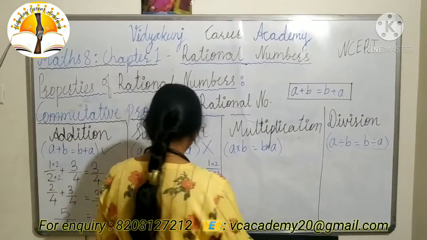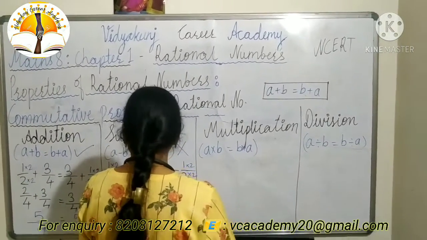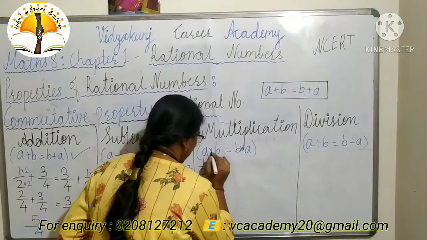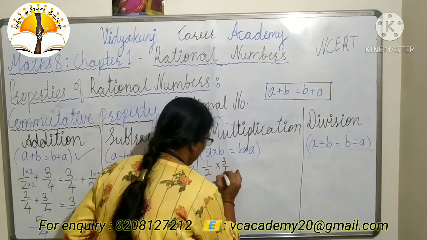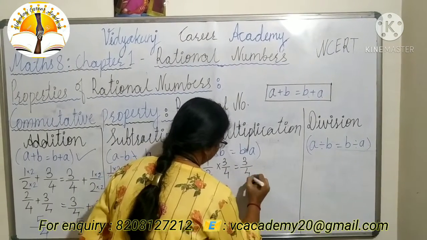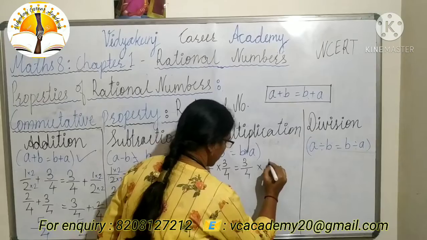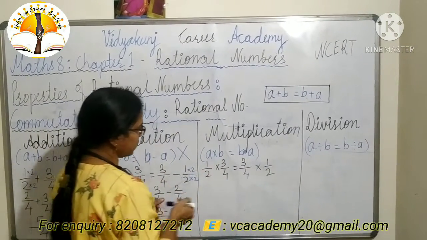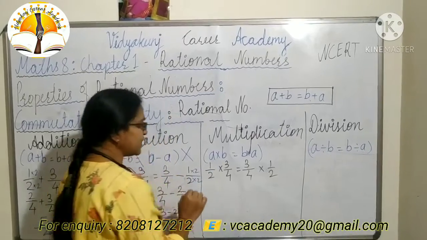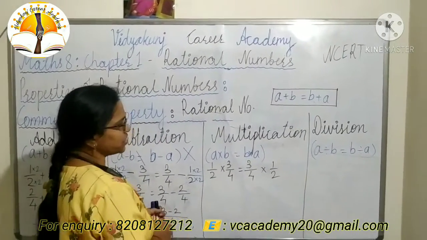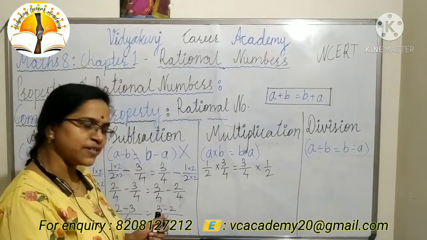Okay, next, this rational number only I will take, 1 by 2, here multiplication 3 by 4, and I have to interchange these numbers. Okay, now here multiplication, process is multiplication. Is here need to make denominator same? No. In multiplication and division there is no need to make denominator same.